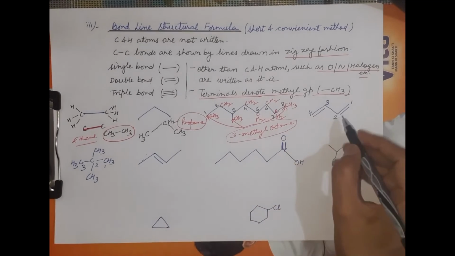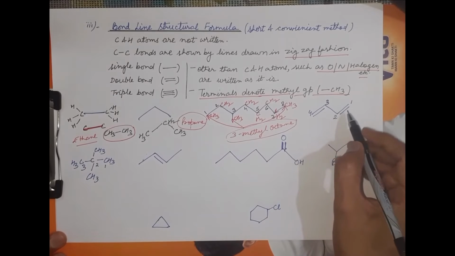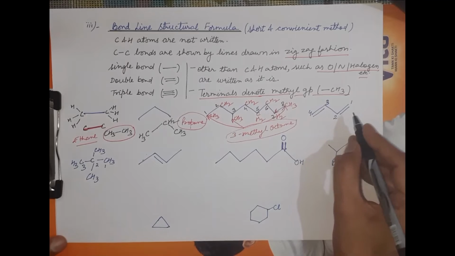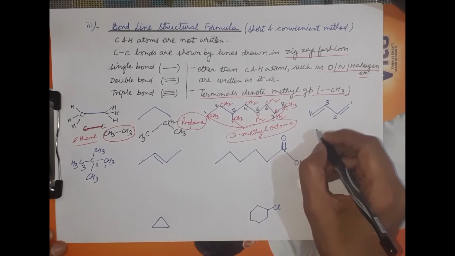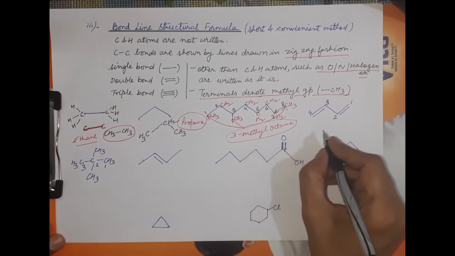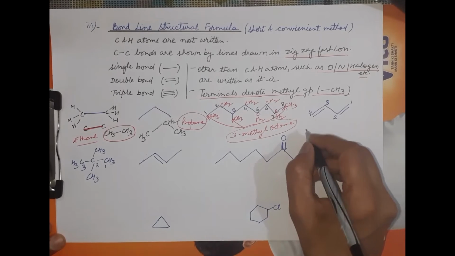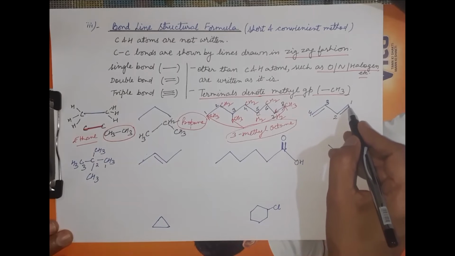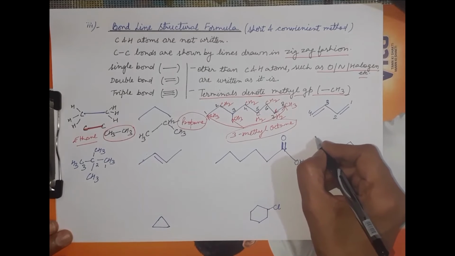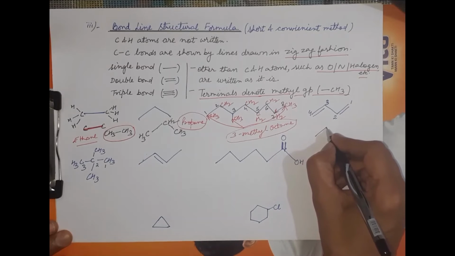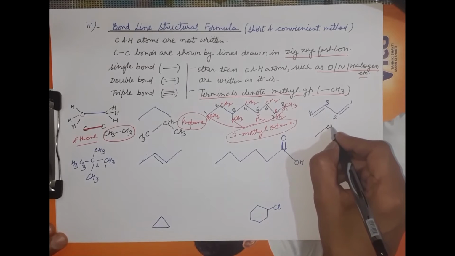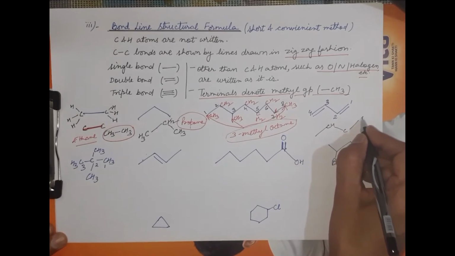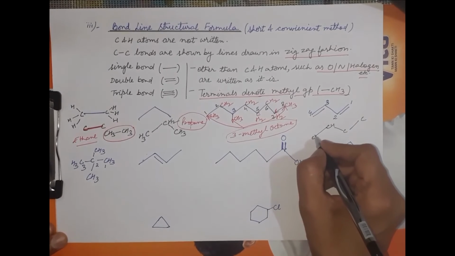So then next compound, it is this. So here we can see double bonds are also present. So if we write the condensed form of this compound, because double bonds are there at both ends, how we will write? For here C is here, this C is there, this is C, 1C, this is 1C, and this is 1C.